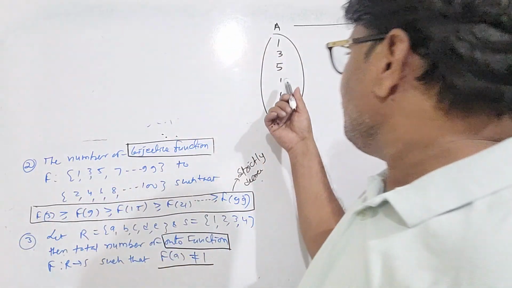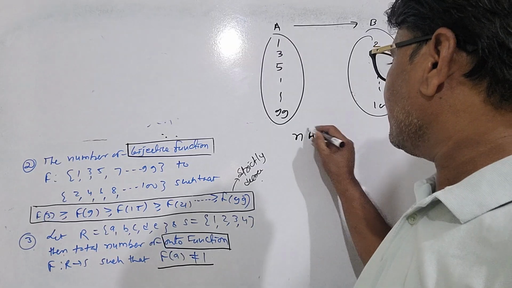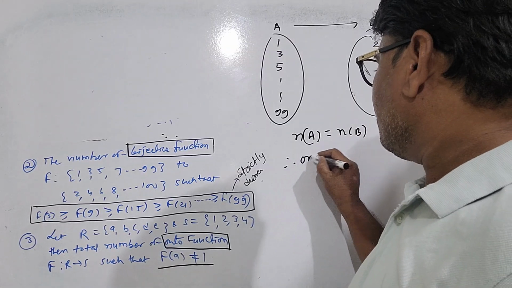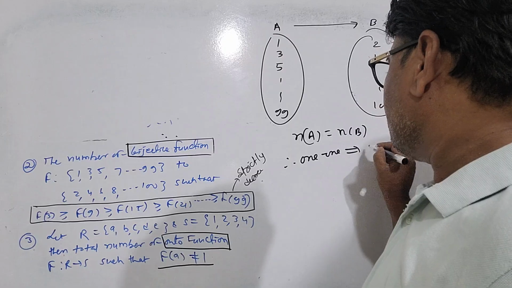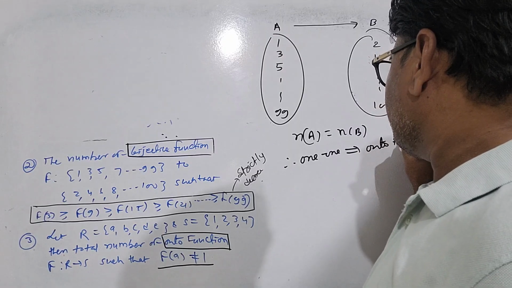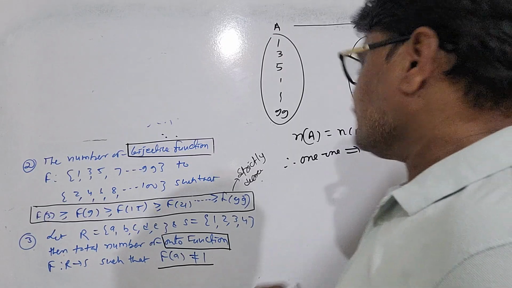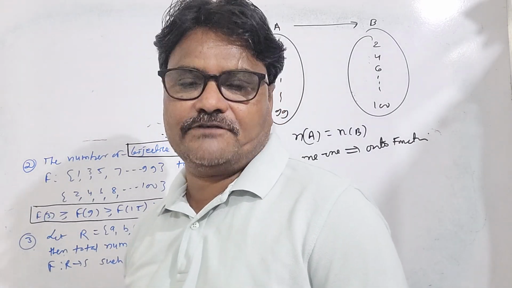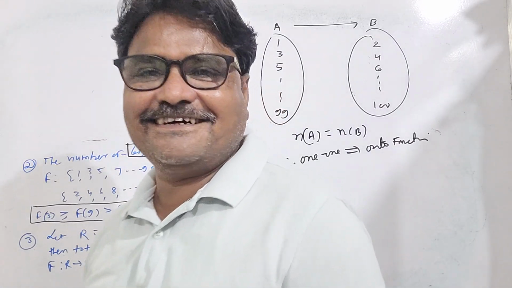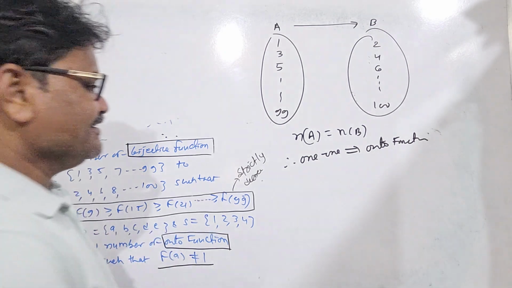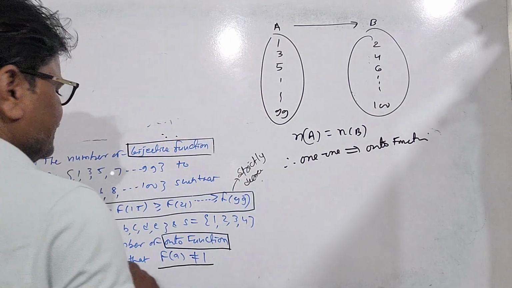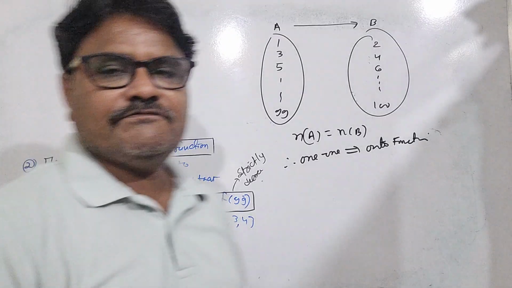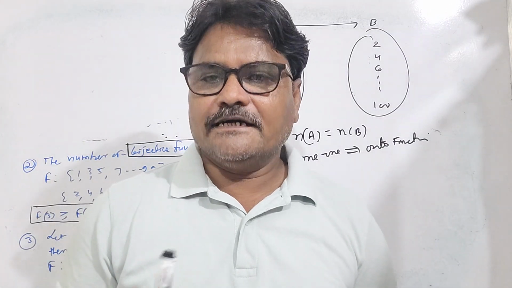And as the number of elements n of A equals n of B, therefore a one-one function will give an onto function. Correct? If the function is one-one, it is automatically onto as well. Got it? And therefore it is bijective. That is important.